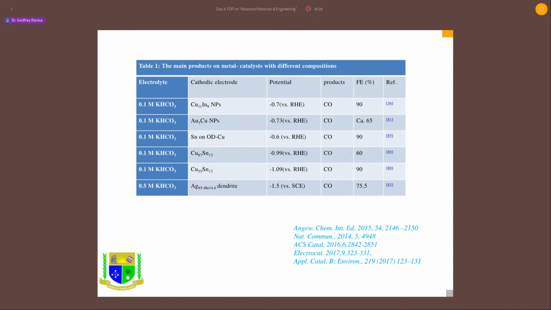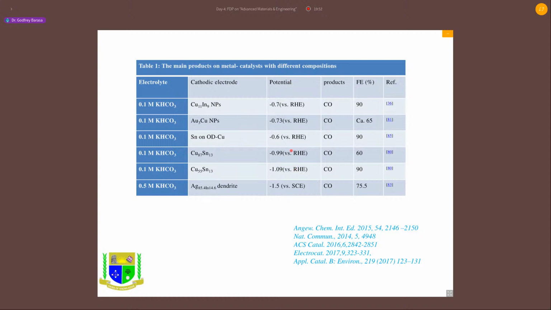Next, we looked at the comparison of the main products on metal catalysts with different compositions. And you'll find that when you look at the cathodic electrode, the composition is copper indium nanoparticles, gold copper nanoparticles, and tin oxide derived copper.